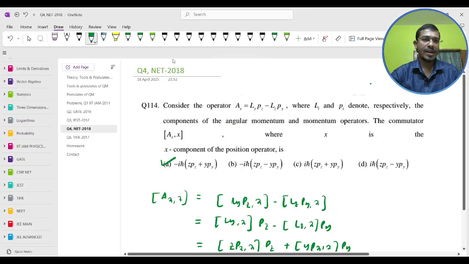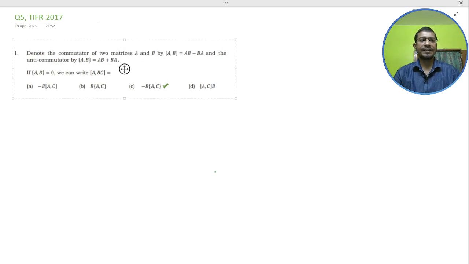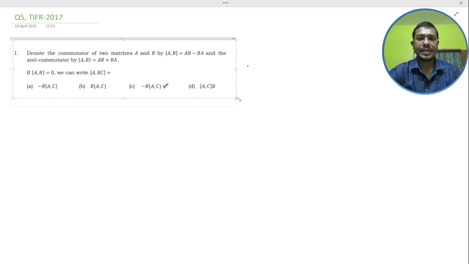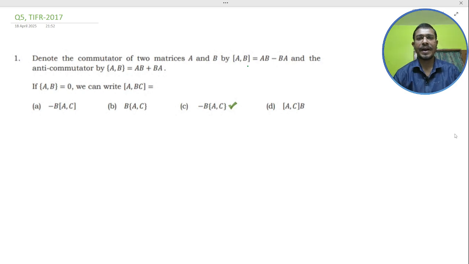Next, go ahead. Our last problem, coming in the TIFR 2017. Denote the commutator of two matrices A and B by [A,B] equal to AB minus BA. The anti-commutator {A,B} equal to AB plus BA.